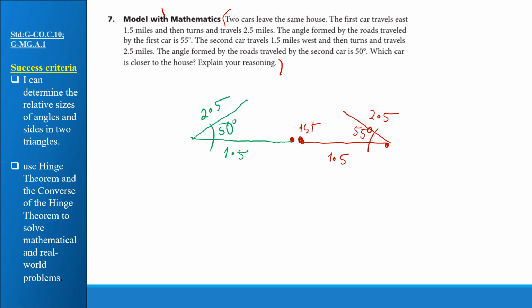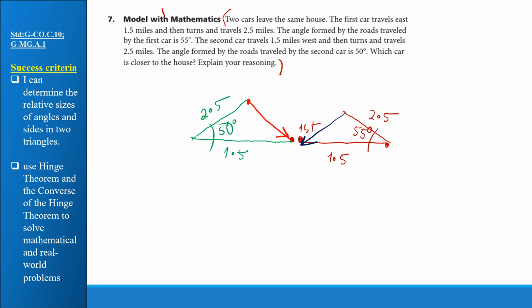They are asking which car is closer to the house. Explain your reasoning. Okay, now have a look here. You are trying to see which car is nearer to the house. Is it this car or this car?